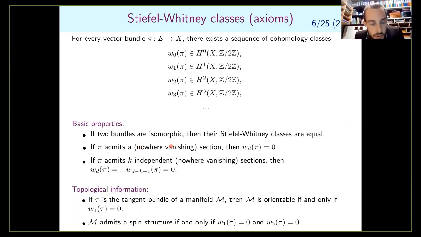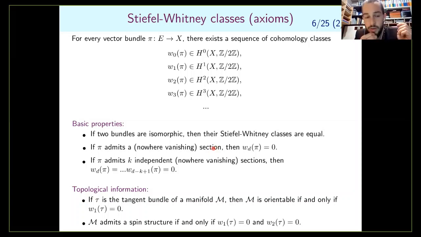So here is the most important interpretation of Stiefel-Whitney classes. If my vector bundle admits a section, then the top Stiefel-Whitney class is 0. A section, for instance, if the vector bundle is a tangent bundle, a section is a vector field.